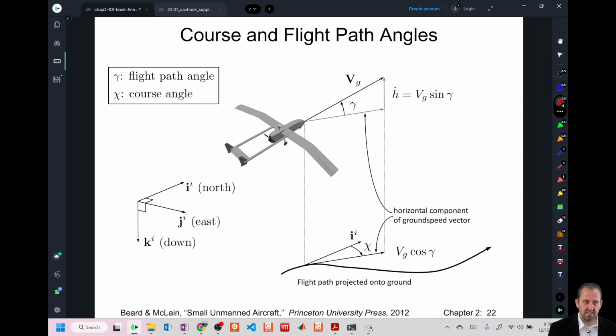Now recall that V sub G is the actual motion of our aircraft, and so the flight path angle, which we have depicted here, is just measuring how far off of the inertial frame we are pitched up. Or not that we're pitched, because that would be our theta value, but that our vector is pointed up.